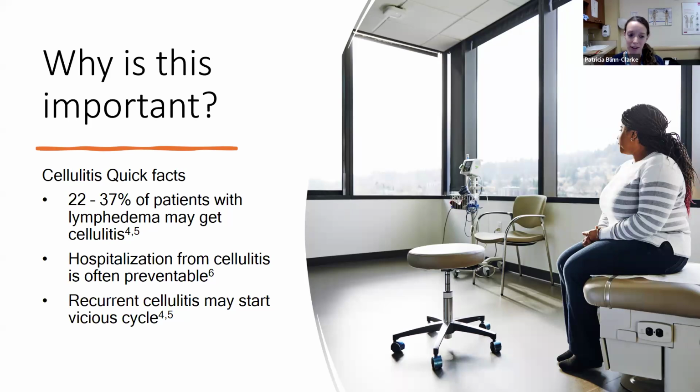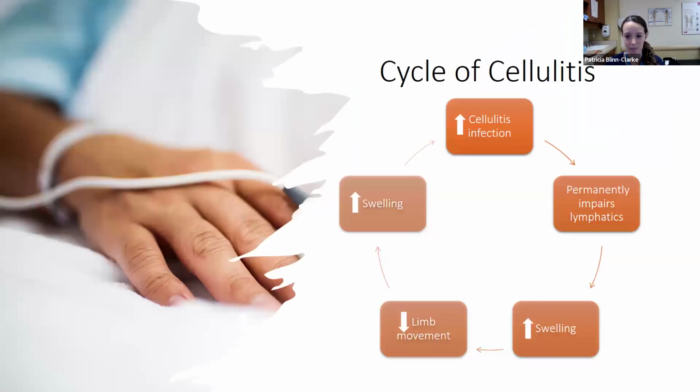Recurrent cellulitis, unfortunately, can start a bit of a vicious cycle. If you've had one cellulitis infection, and especially if it might have taken a while to get on antibiotics, there's a risk that that infection might have further impaired the lymphatic system. And of course, more impairment to the lymphatics means that your swelling might increase even more.